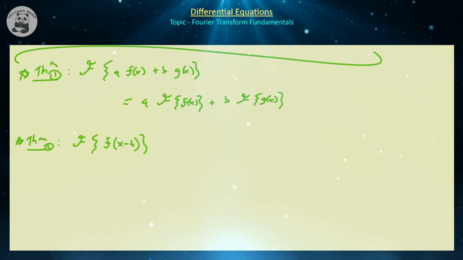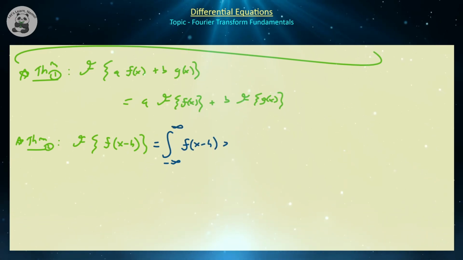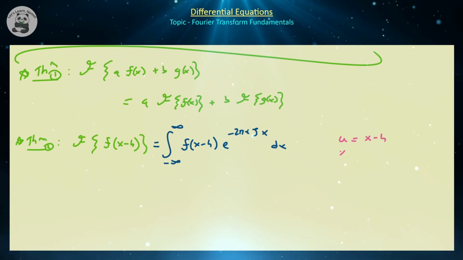So if we go ahead and look at what this is, at least by definition, we're going to have the integral from minus infinity to infinity of f of x minus h times e to the minus 2 pi i psi x dx. So what I want to do is use a u substitution here, letting u be equal to x minus h, or equivalently x will be equal to u plus h, so I'm targeting that input there.